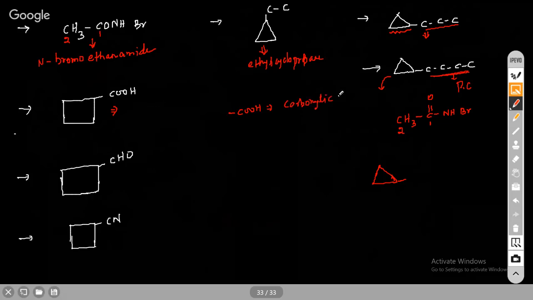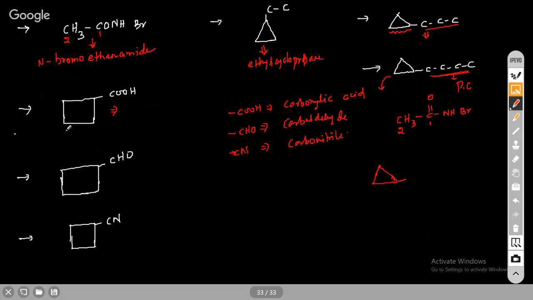If CHO is directly present on the ring, then it is carbaldehyde. If CN is directly attached to the ring, then it is carbonitrile. This suffix we use.